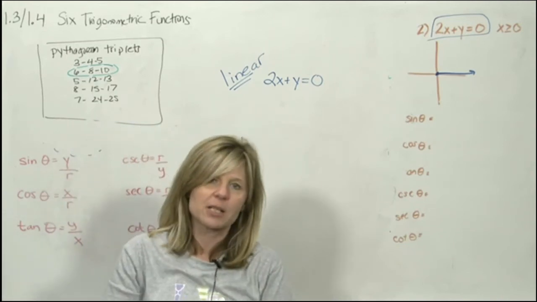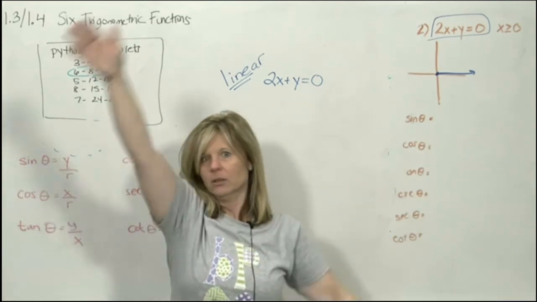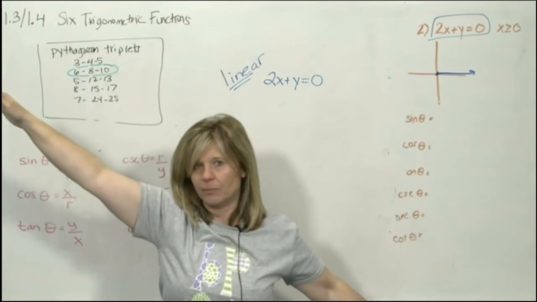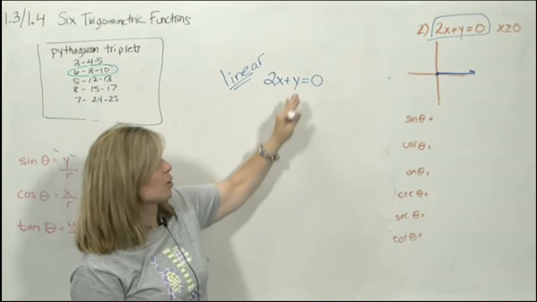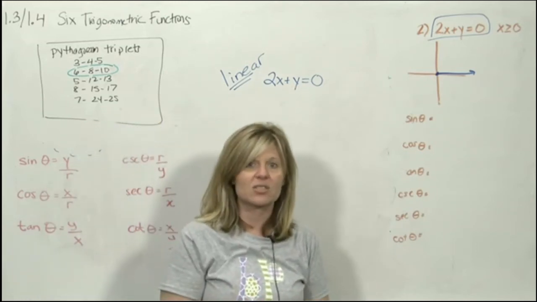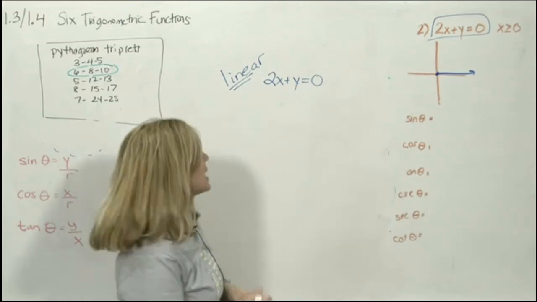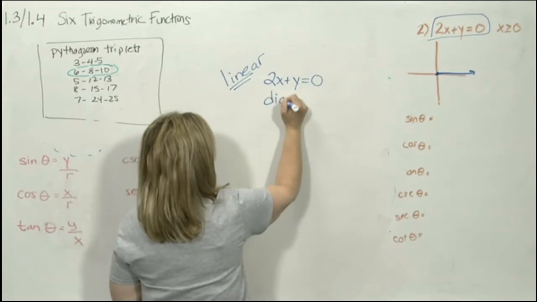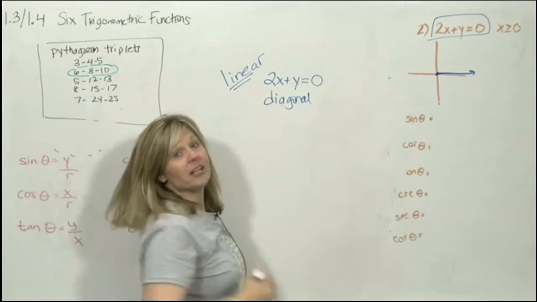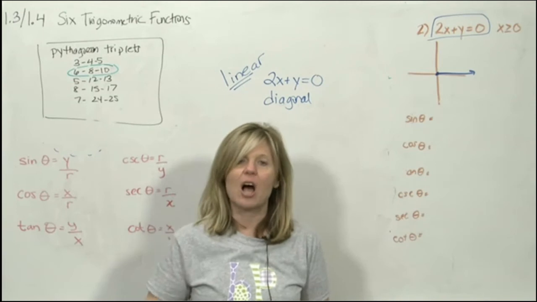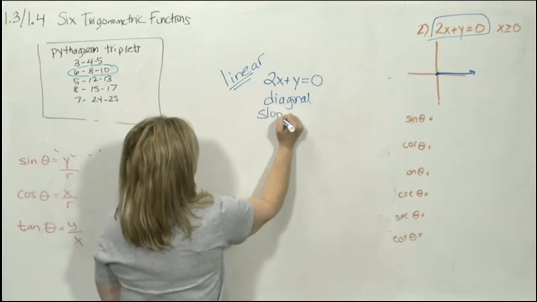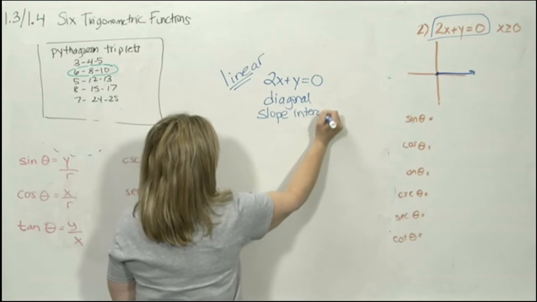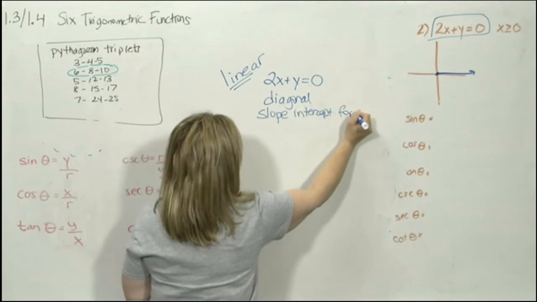Now there are 3 types of lines: horizontal, vertical, and diagonal. You should know by looking at this equation, because it has an x and a y, it's going to touch both the x-axis and the y-axis, which means it's got to be a diagonal line. And you should know that to graph a diagonal line, the quickest and most efficient way is to put it in slope-intercept form.